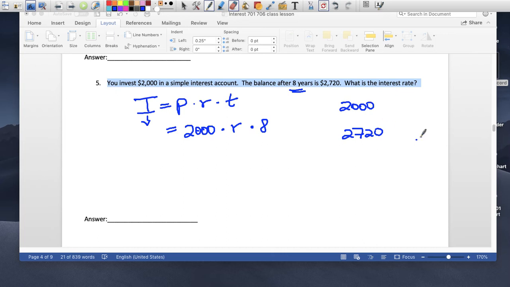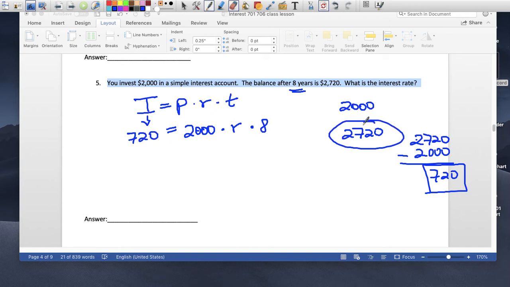You already had 2,000, so we need to subtract. So how much money did you really make for leaving 2,000 there? You actually made 720. So if you put $2,000 at a bank, after 8 years, you earn 720.